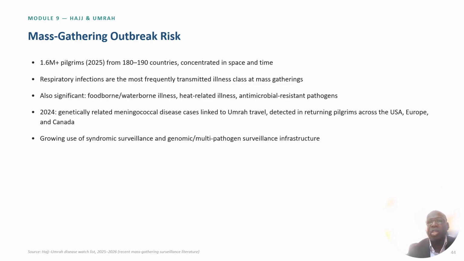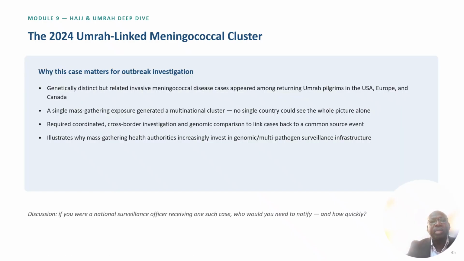We are expecting an exchange of languages, in addition to an exchange of disease, unless we have strict precautions for prevention and control. The most common are respiratory infections, foodborne disease, and also meningococcal disease, especially for those coming from meningococcal belt countries, with growing use of syndromic surveillance, genomics, and multi-pathogen surveillance.